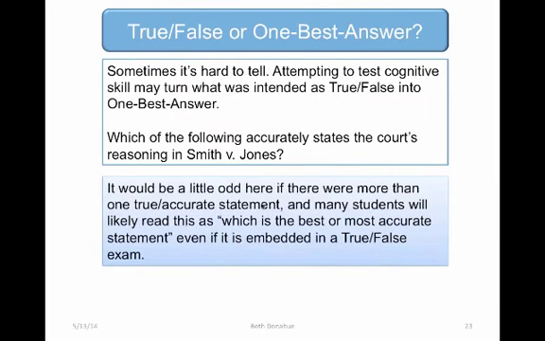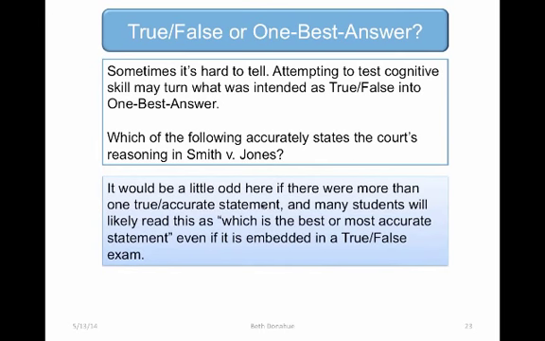So sometimes it's really hard to tell if you're in the true-false family or the one best answer family. And you might think that you're writing true-false, but really the students actually are responding as though it's a one best answer, which is again why it's so important to tell them how they should approach answering your questions. In this case, which of the following accurately states the court's reasoning in Smith versus Jones?